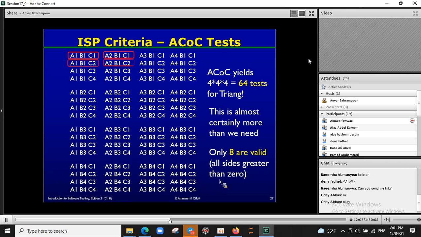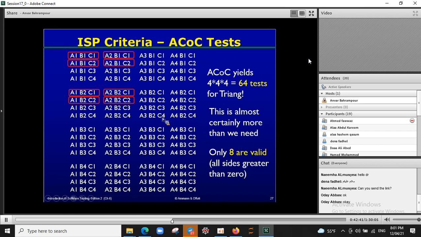And we could say the same for these two rows, because all of these two rows use a value from block B3 or B4 for the second side of the triangle. So all of these triangles are invalid triangles.